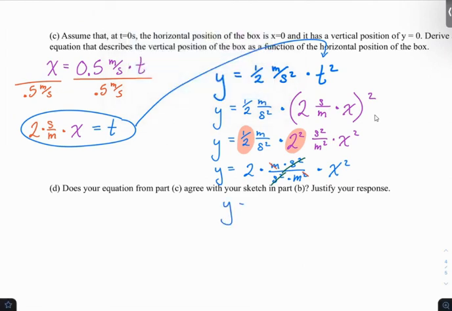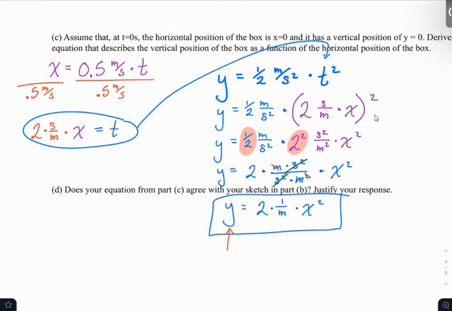So I'm left with y equal to 2 times 1 over meters times x squared. This makes sense because when I put in a position of y, it's in meters, and if I put a position in for x, it ends up being meters squared. Multiplying that times 1 over meters, meters equals 1 over meters times meters squared. So it does check out.